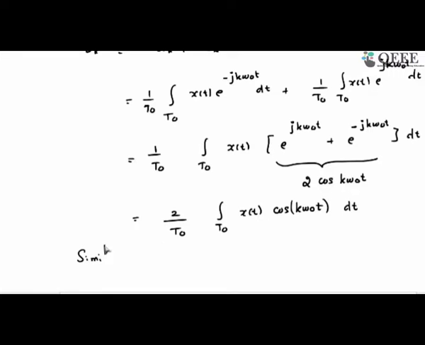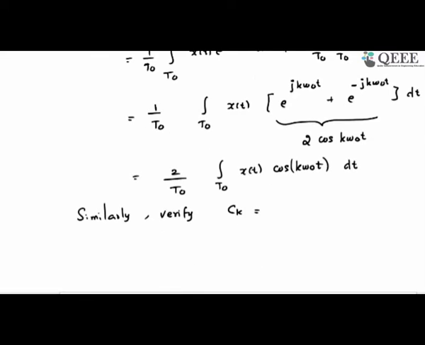Similarly you can verify that ck, which is j times ak minus j times a minus k, is given by 2 by t naught integral over t naught x of t sin k omega naught t dt.